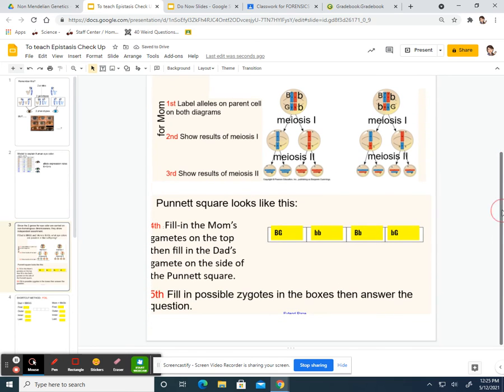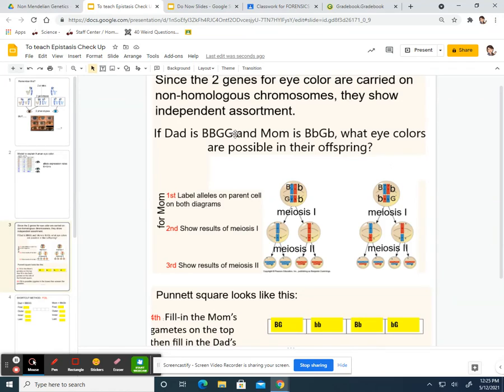So that is how we can figure out that mom actually has 4 possibilities for her gametes because of independent assortment. Now, when we look at dad's, it's a little bit easier to figure out, right? Because he is all homozygous dominant, he can only pass on a big B and he can only pass on a big G. So his only possible combination for gametes would be big B, big G.